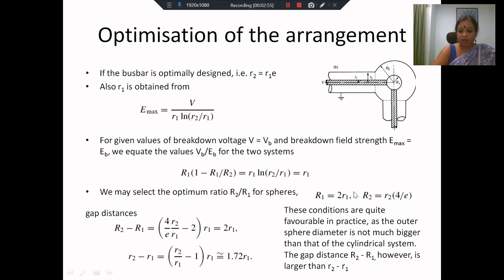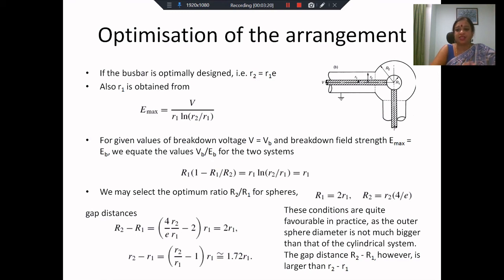So therefore, we now have the inner radius of the spherical arrangement as twice the radius of the cylindrical arrangement, and the outer radius of the spherical arrangement as r2, the outer radius of the cylindrical arrangement, into 4 by e. These conditions are quite favorable in practice.